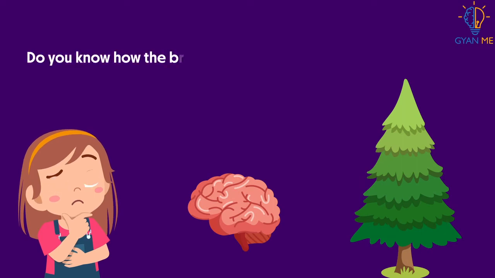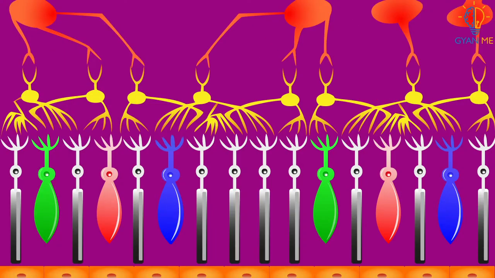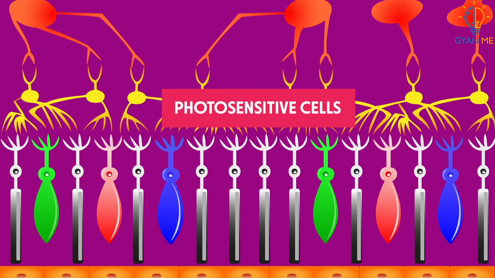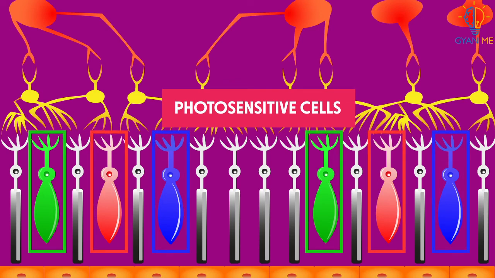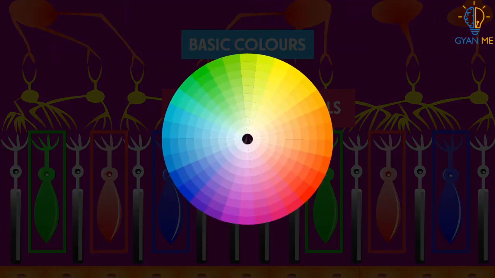Do you know how the brain can recognize the color of any object? I just told you that the retina is made up of photosensitive cells that recognize red, green, and blue color. These three colors are called basic colors. And all the different colors we see around us are due to the combination of these three basic colors.